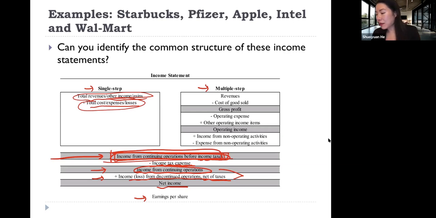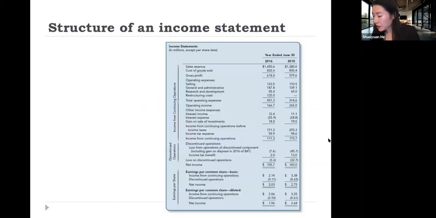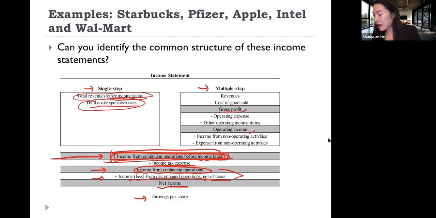However, for multiple step, the firm is going to report it in steps. The most detailed multiple step reporting is that firms first report revenue and then take out cost of goods sold. That is the gross profit.